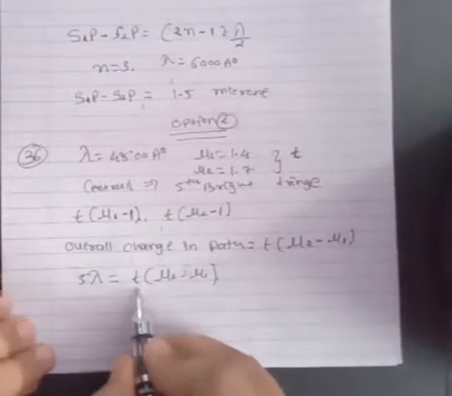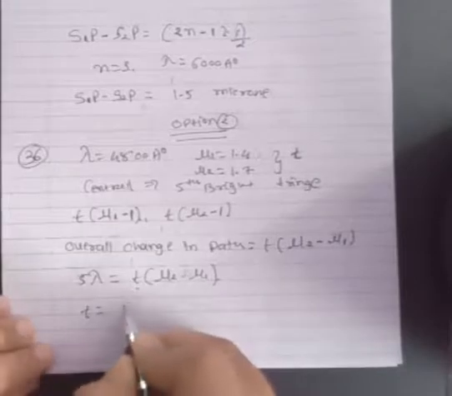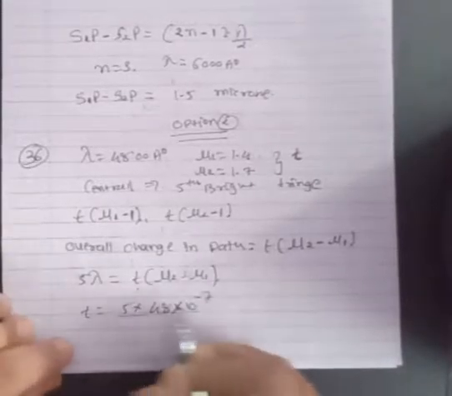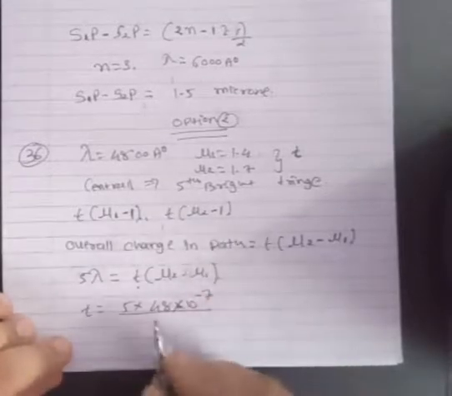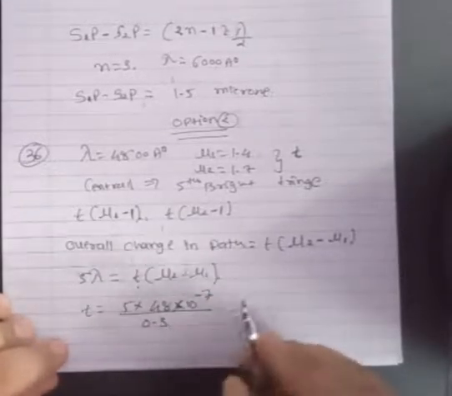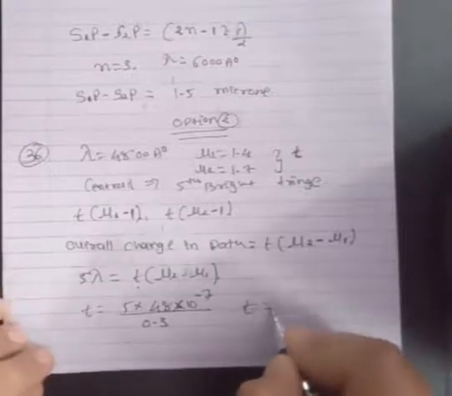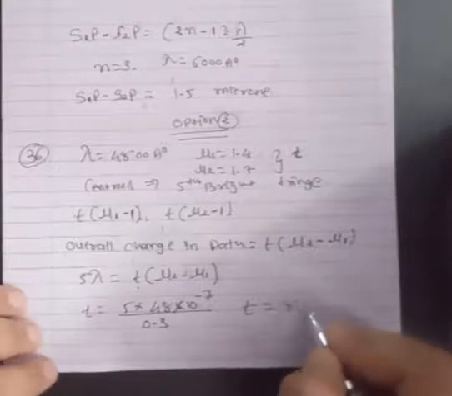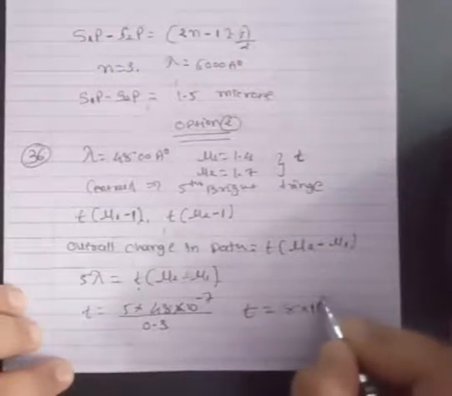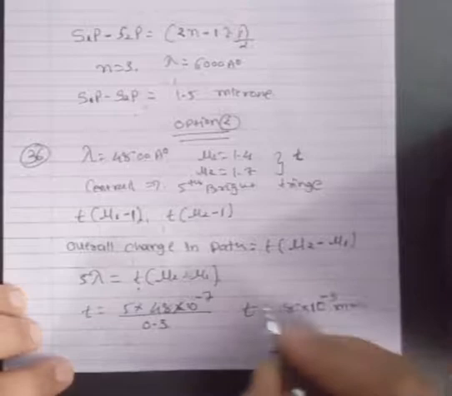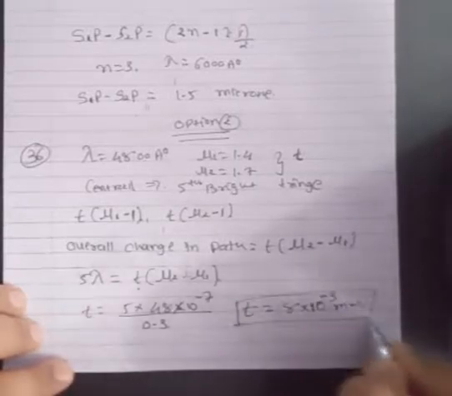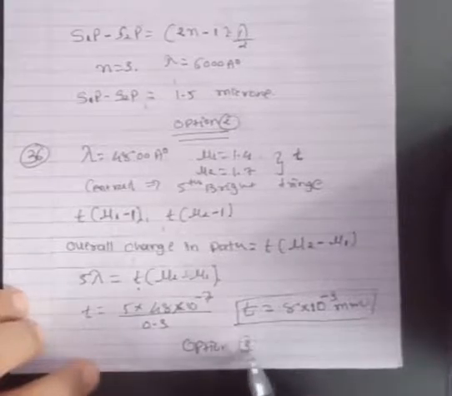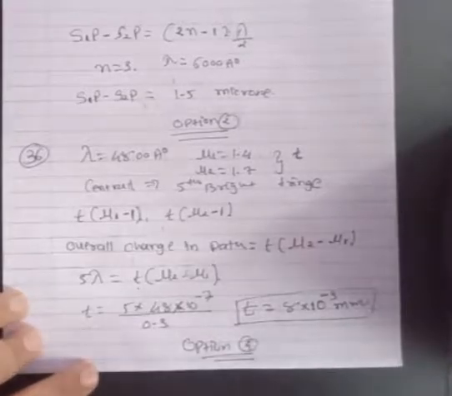We want to find the value of T, so T will be 5 into 48 into 10 power minus 7 divided by (mu2 minus mu1), that is 0.3. Simplify this, we will get T equal to 8 into 10 power minus 3 millimeter. So option 4 is the correct option.